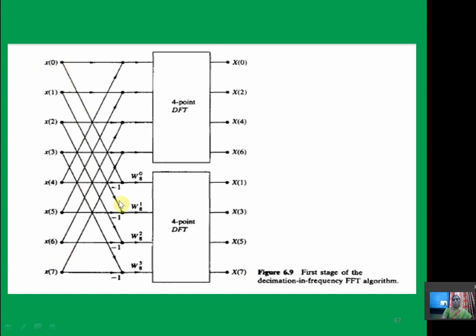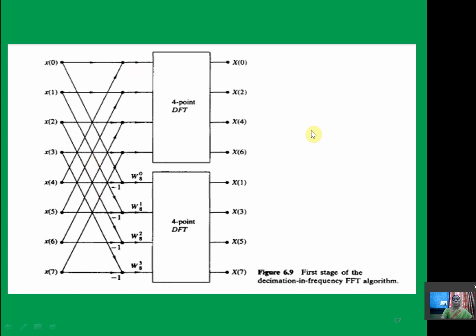This is an example for the 8-point DFT, that means N is equal to 8. Here x of n is in the same order, but X of k is decimated, so the order is shuffled. Based on this we implement the butterfly diagram.